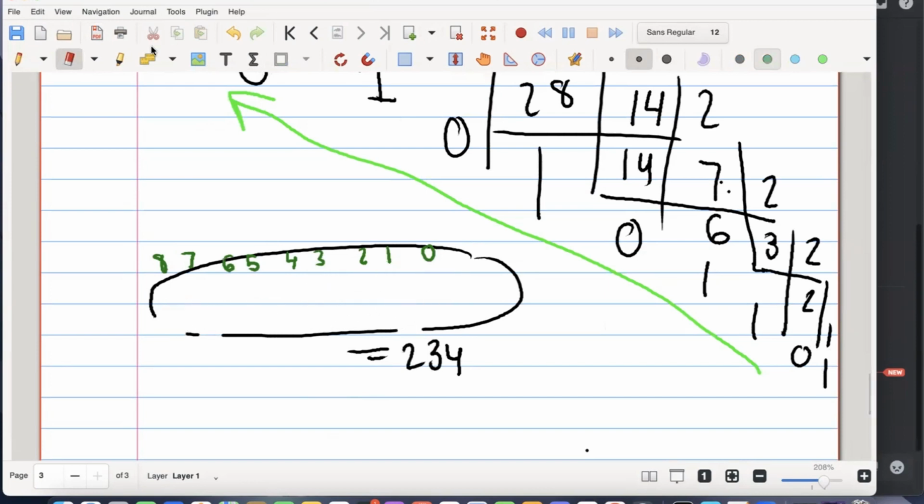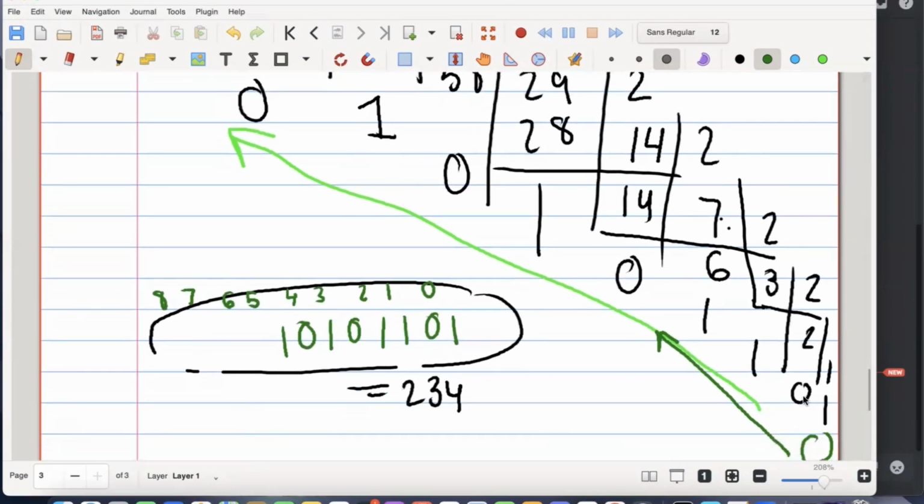Let me just do this and write this sure in green. So we start off from up to down, but we copy this at the right. So this is 1 0 1 1 0 1 0 1, right? 1 0 1 1 0 1 0 1.